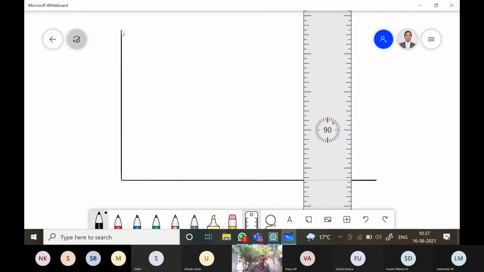So this is the voltage line, and this one is the horizontal line. So this point is O.